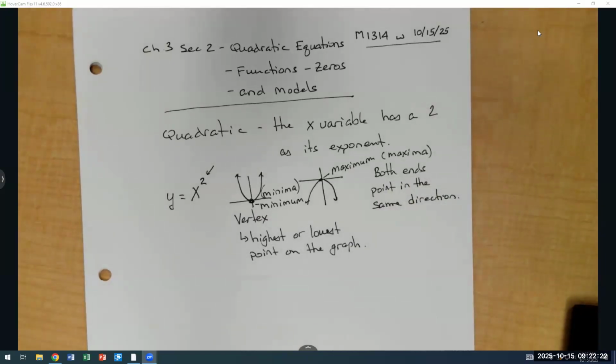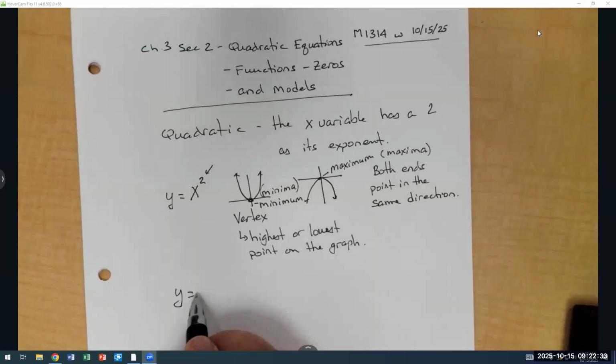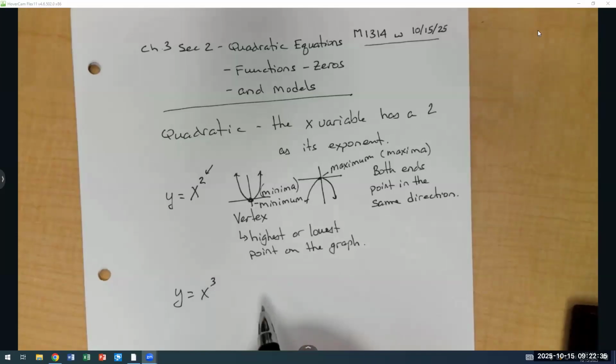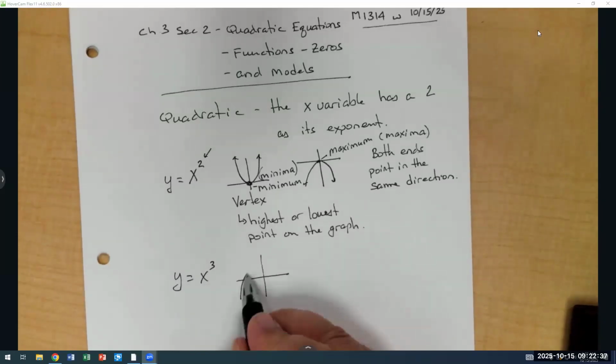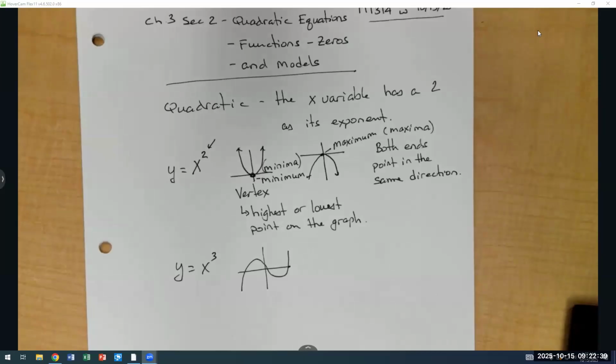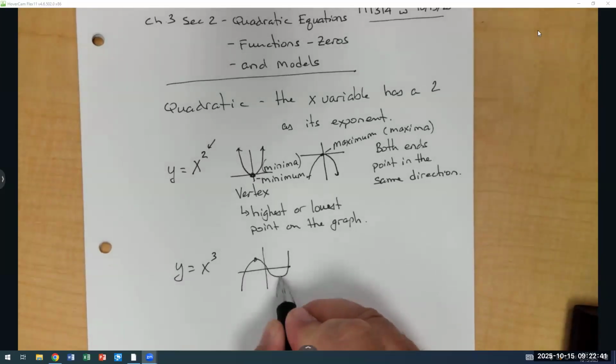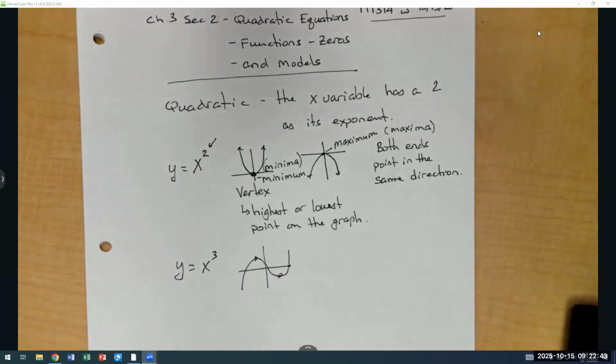If you have multiple vertices. Can we have multiple vertices? Do we know any functions that have multiple vertices? Yeah. The cubic function has how many vertices? Right. It has these points as vertices.